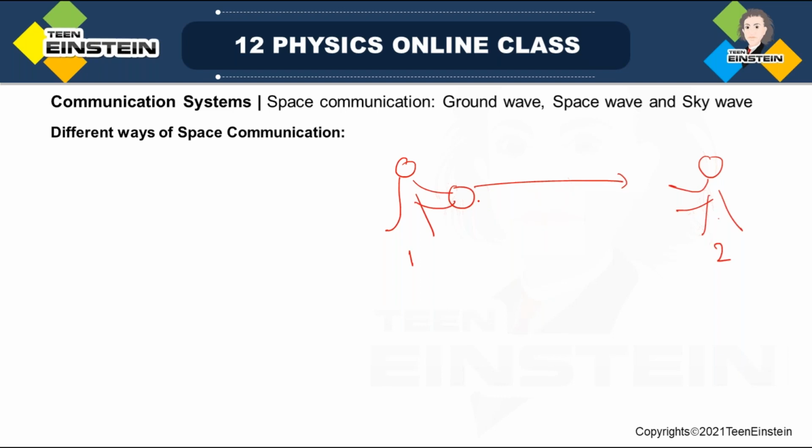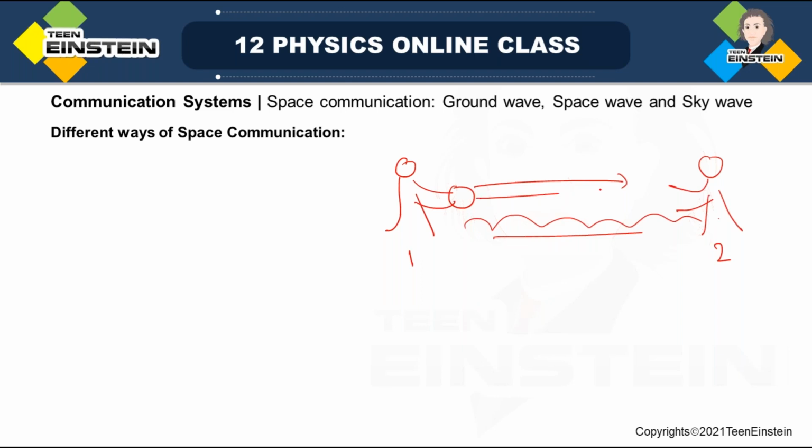One is you can just roll on the ground. You can roll on the ground, it will reach this person, right, from person 1 to person 2.